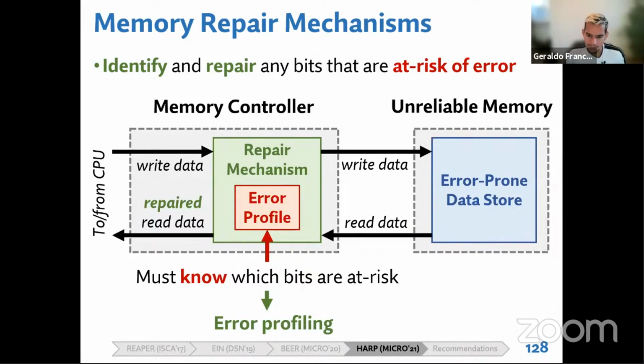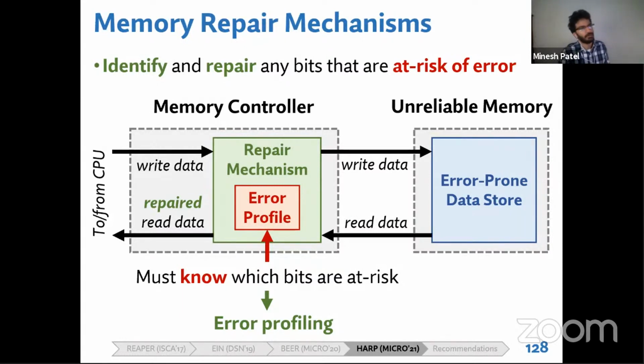A mechanism like HARP or some other error profiling mechanism is essentially in support of the mechanism that actually repairs the errors. The error profiler itself is not doing the actual error mitigation. And so I wouldn't say that HARP is a way to prevent row hammer errors or anything like that. I think the answer depends very much on the particular repair mechanism that you use.